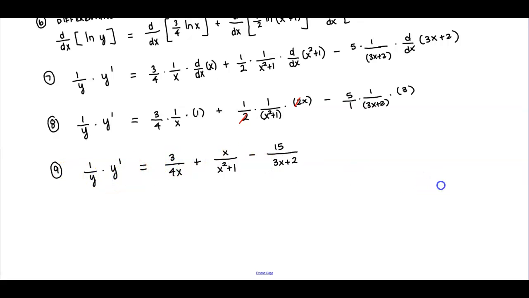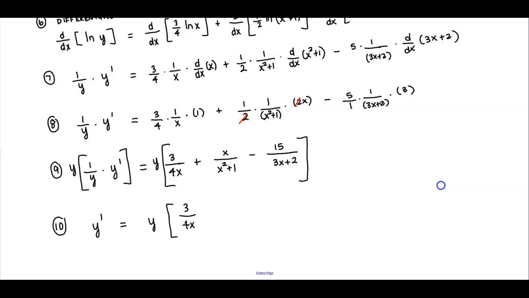So if we multiply both sides by y, we end up with y prime, and that's going to equal y times 3 over 4x plus x over x squared plus 1 minus 15 over 3x plus 2. And notice that these y's become 1.